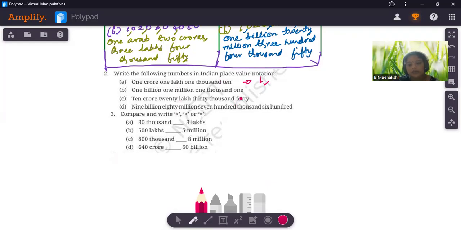Very simple. I'll teach you how to write this. 1 crore is nothing but 1 followed by 7 zeros, right? This is 1 crore. So it's giving 1 lakh. So what will you do over here? You leave this. You'll put 1 lakh over here.